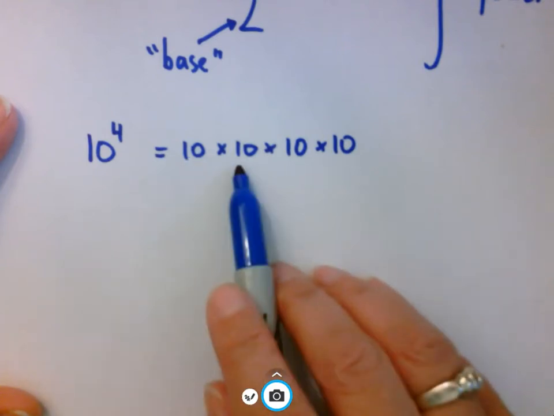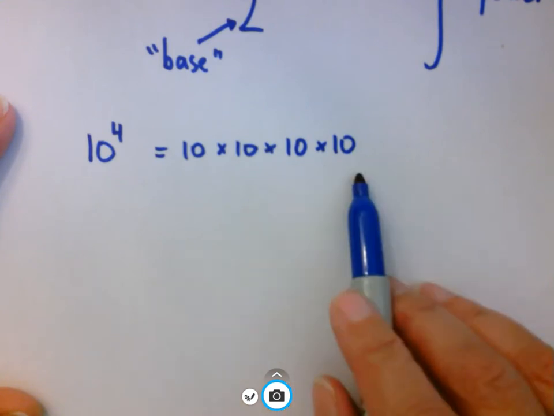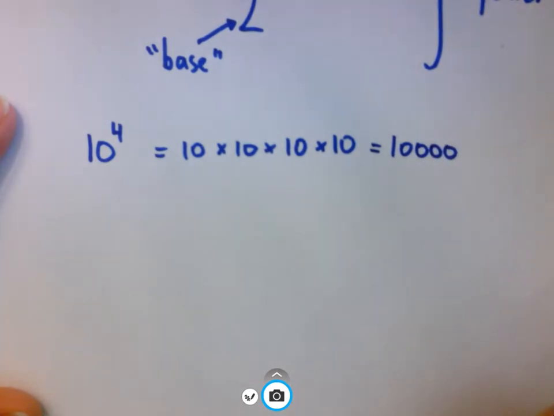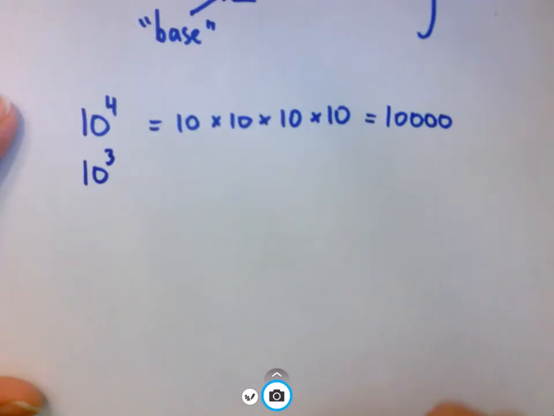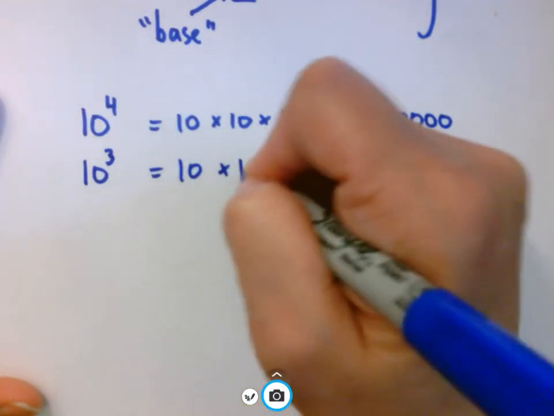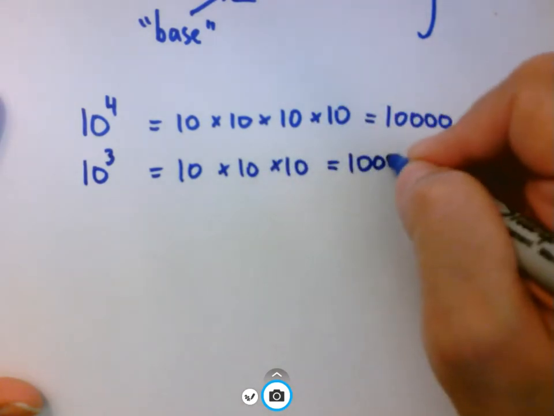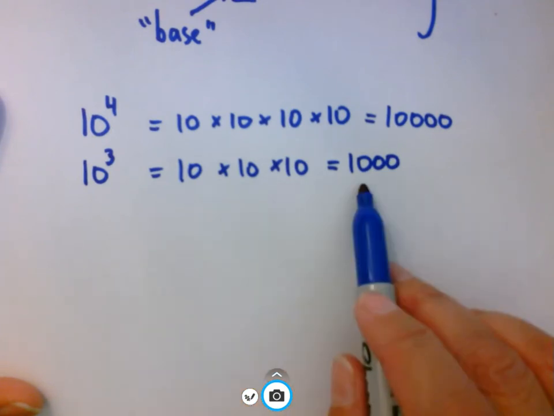So 10 times 10 is 100, times another 10 is 1,000, times another 10 is 10,000. Now I'm going to reduce the exponent to a 3. So this is 10 to the exponent 3, and that would be 10 times 10 times 10, which is 1,000.